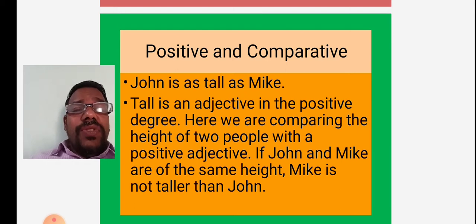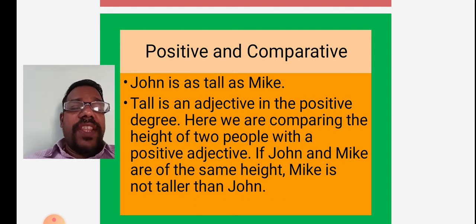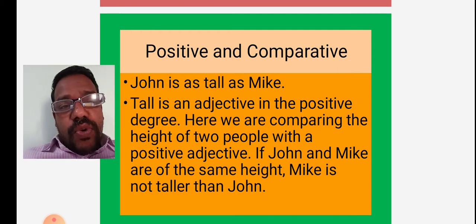But here, John is as tall as Mike. So we have to say Mike is not taller than John. Or even if we say John is not taller than Mike, both of them are right.